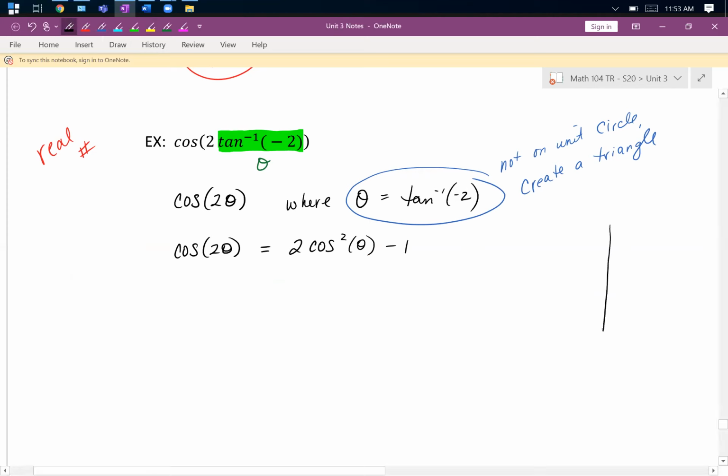I'm going to put my triangle down there in the fourth quadrant. Tangent is opposite over adjacent, so our opposite side is negative 2. Our adjacent side is 1.